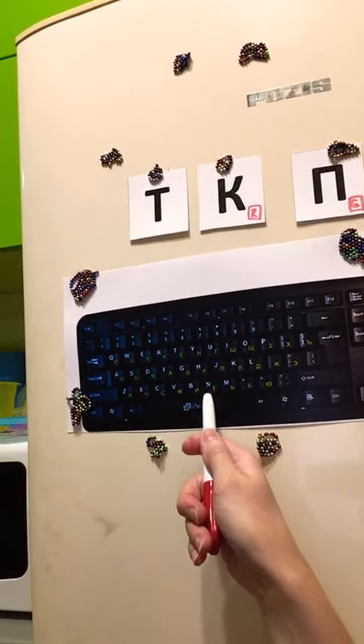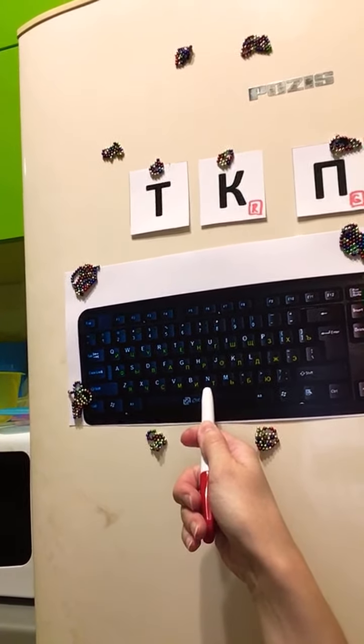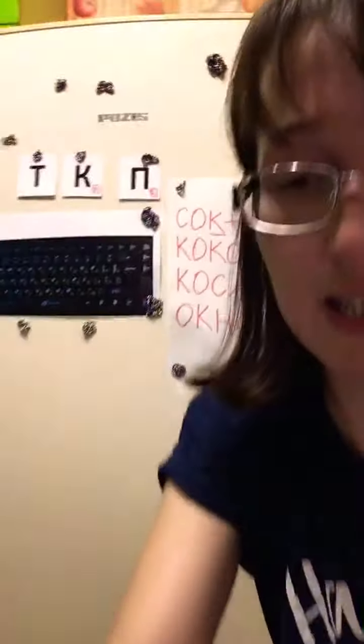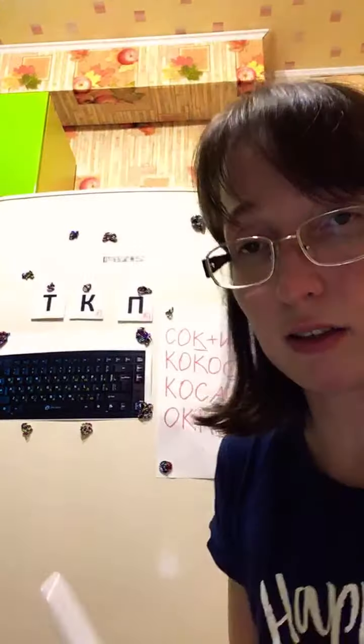Let's find this letter on the keyboard. It's the button N. If you change your language settings and click the button N, you will get a Russian letter T. The letter is called T with sounds T and T.